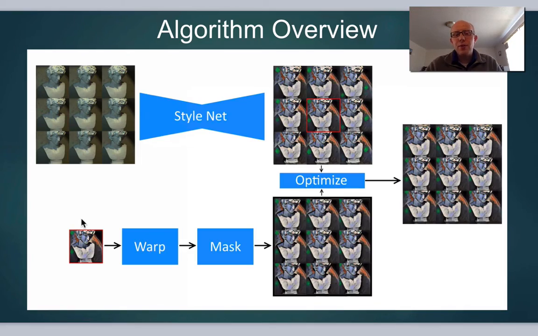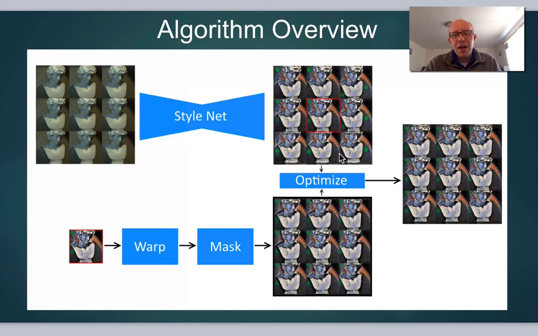Basically what we had to do is we had to take our light field image, we'd feed it through the stylization transfer network, and you would get some inconsistent set of light field images. But then you would take the central view and you could actually warp it to match spatially the different locations of the light field. So we're kind of warping and blending this image until we had a consistent view that is missing things because of occlusion and stuff.